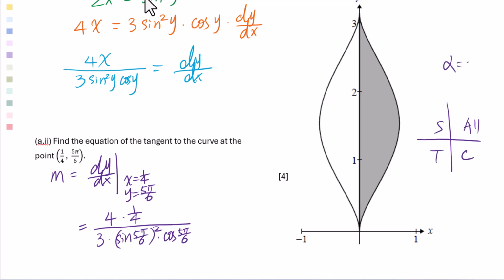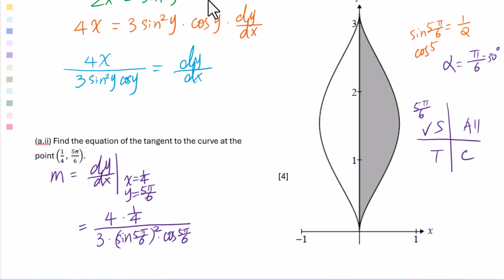The reference angle is pi over 6, which equals 30 degrees. 5 pi over 6 is in the second quadrant. So sine 5 pi over 6 equals sine 30, which is 1 over 2.